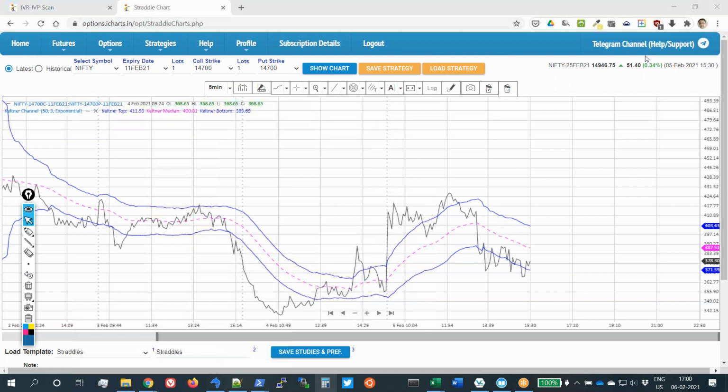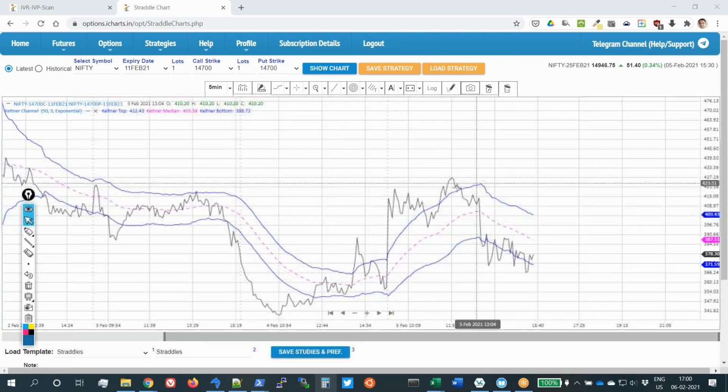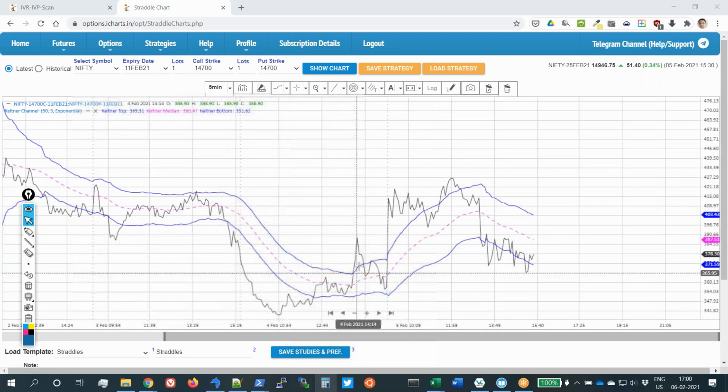Let me take a look at the question. For buying straddles, I don't do it, but as long as it is above this band, then you can buy, and then just get out over here or adjust.